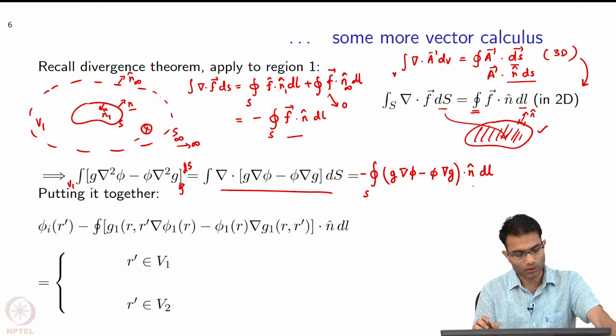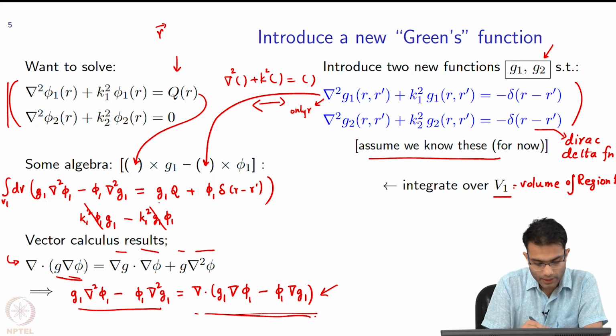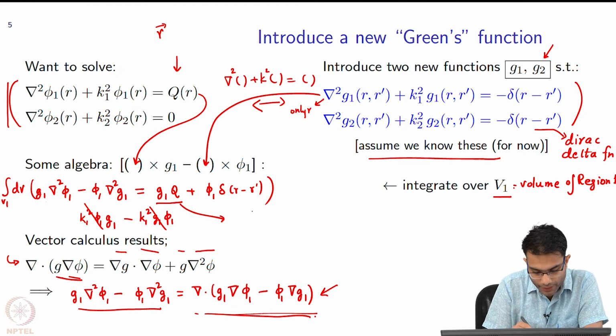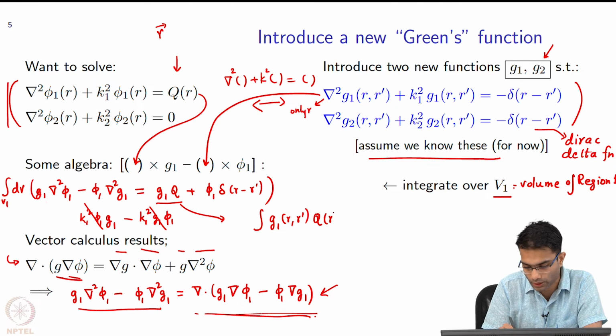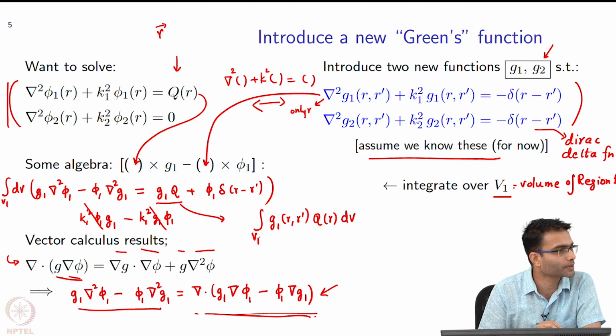Now, if I go back to this equation, this also was going to get integrated with respect to volume. So, this was G1(R, R prime) Q(R) dV over V1, that was what the volume integration was.